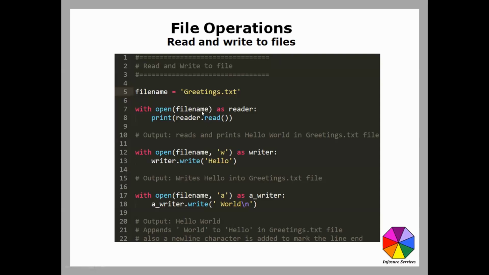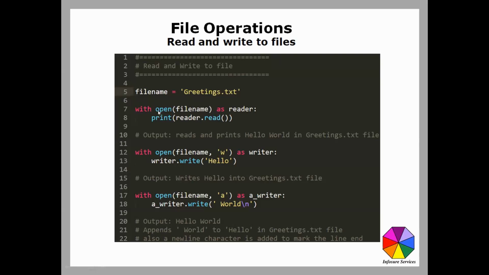Now you might ask me, hey, why does this open file name not have any second parameter? The default for open file name is read mode. So with open file name comma r, small r, is there by default in read mode, and you don't have to specify that.